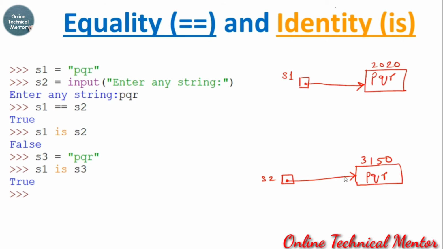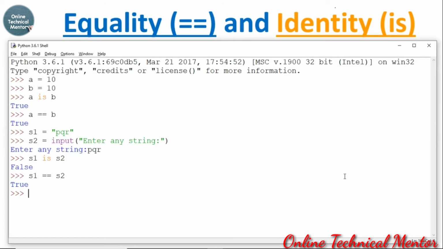Now when you are writing, say, S3 equal to PQR, the same string, and give enter, now when you write S1 is S3, it will give you a true output.